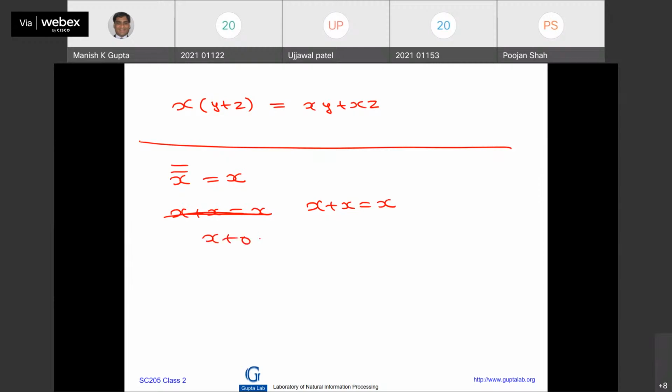X plus 0 is equal to X. Identity law. X into 1 is equal to X. Commutative law. X plus Y is the same thing as Y plus X. X into Y is equal to Y into X.